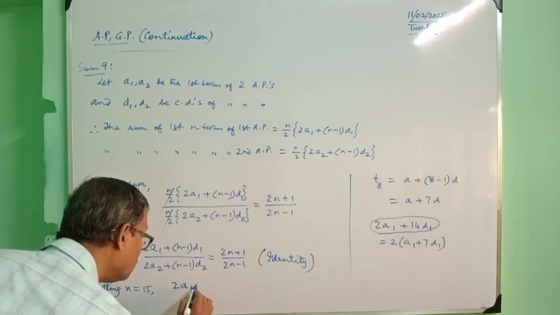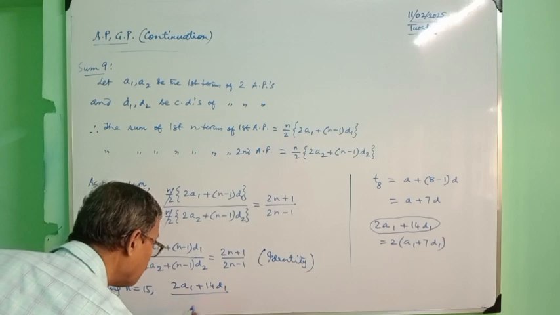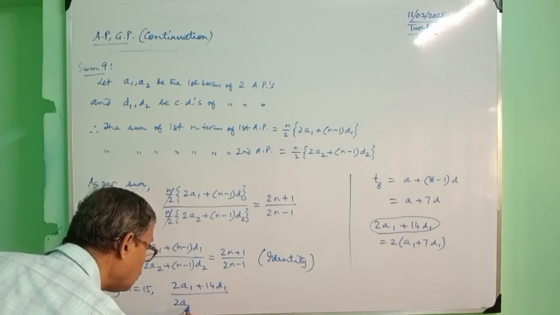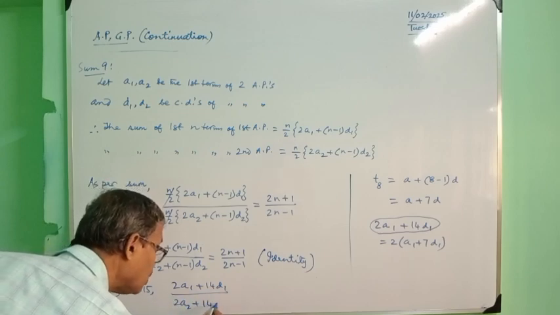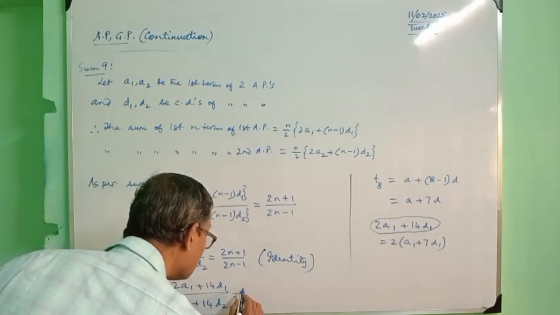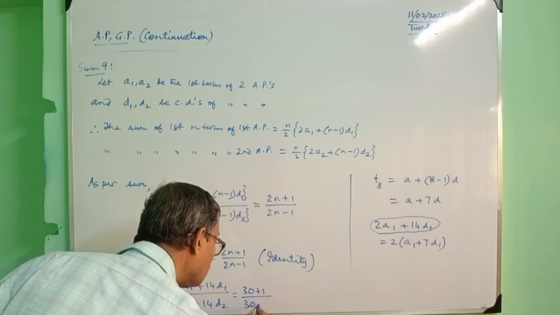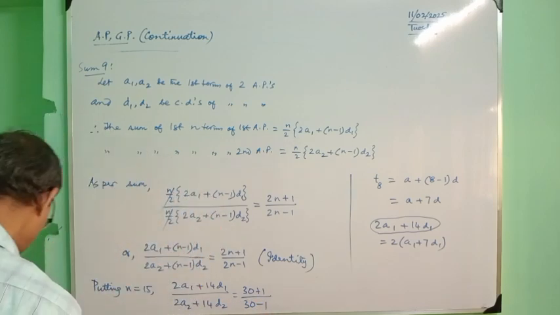So A1 plus 14D1 divided by A2 plus 14D2 is 30 plus 1 by 30 minus 1.